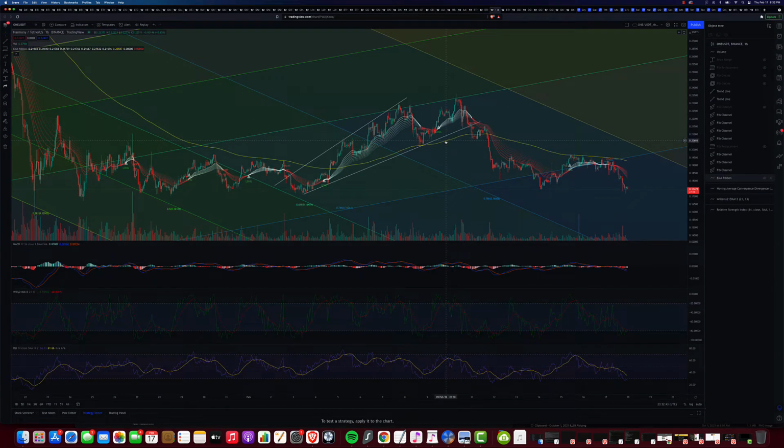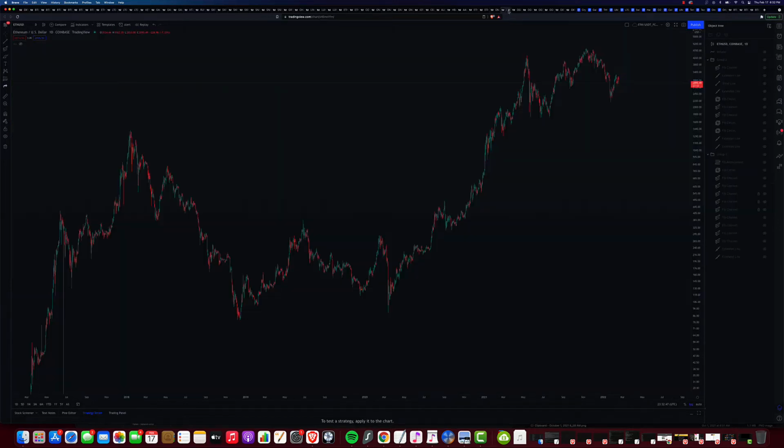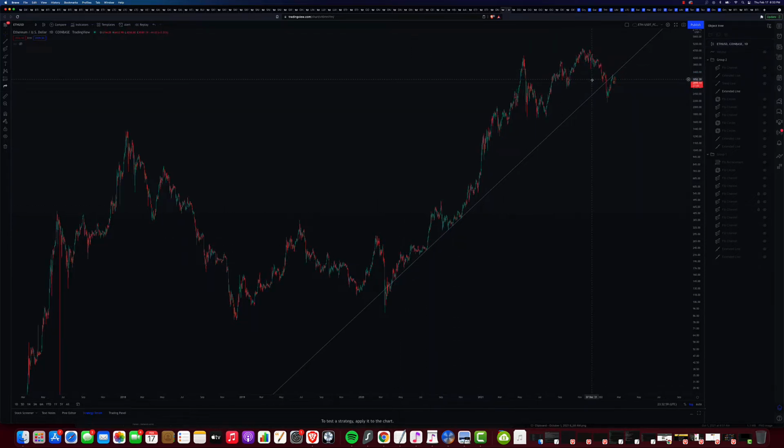That's how you are traditionally taught to draw trend lines. An example of that on this chart would be this trend line right here.